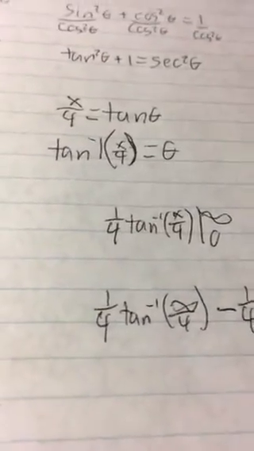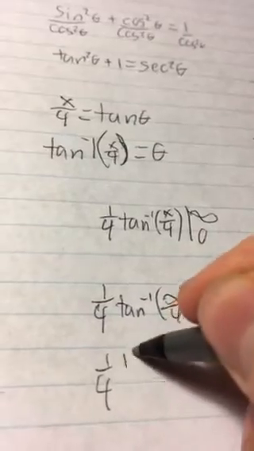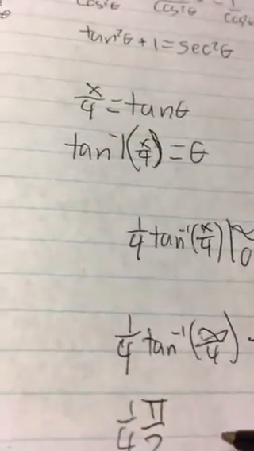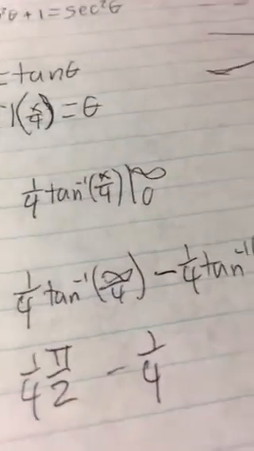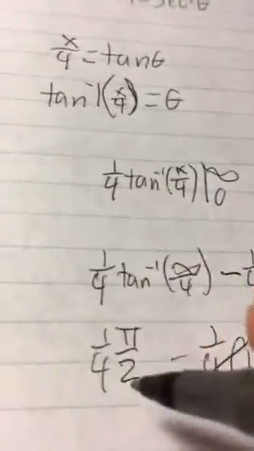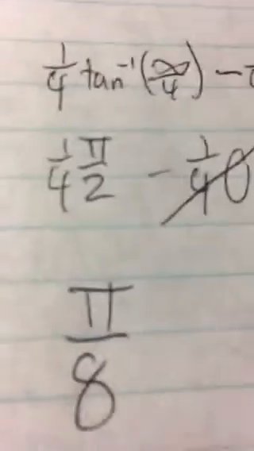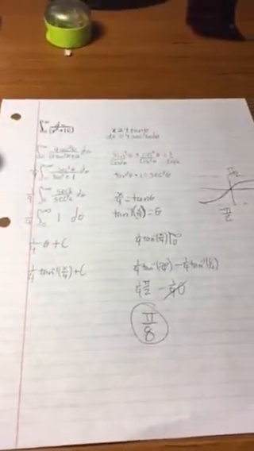We already discussed that tan negative 1 of infinity is pi over 2, so we get 1 over 4 times pi over 2, minus 1 over 4 times 0, so that all cancels out. This is our answer right here: pi over 8 is our final answer to the integral. And it took up almost an entire page to do that.